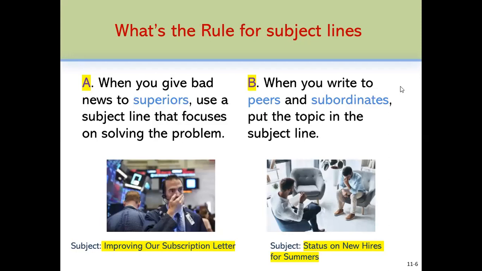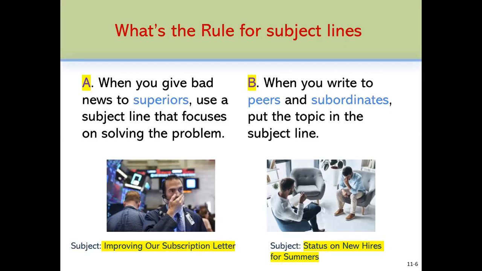Now, what's the rule for the subject line? We have 2 categories here. One is when we are writing to superiors, and the B part is when we are writing to our peers, our colleagues, and subordinates, people who are working under us. As an example, I've given here, just below the pictures, the subject: improving our subscription letter.